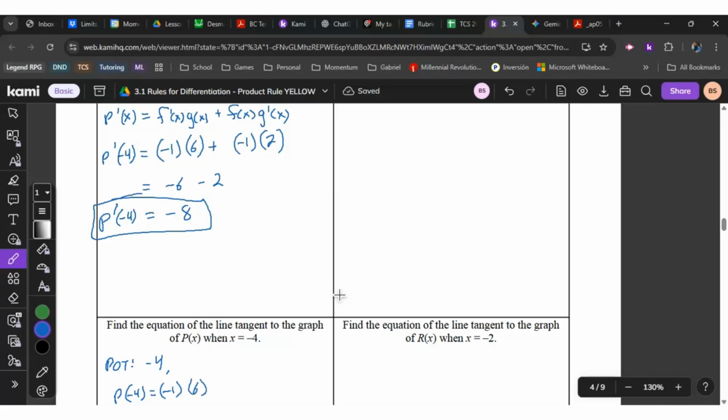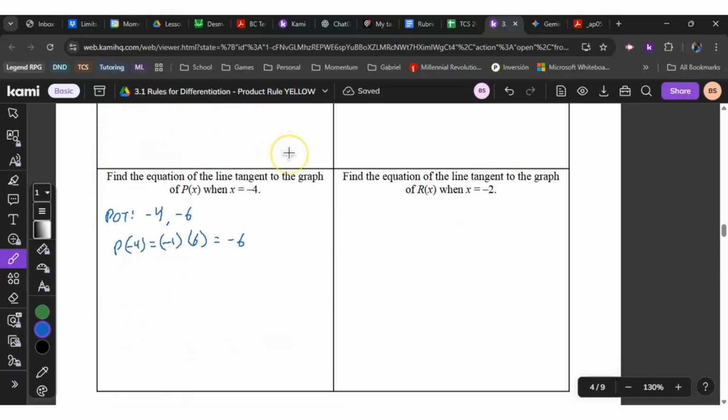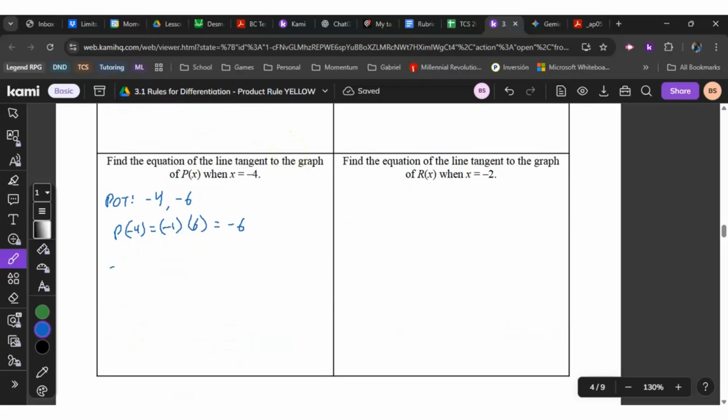And I'm just getting these from the previous one because we already did it. Which means here that my point's going to be -4, -6. Are you all with me on how I got that? Yes. Okay. Then I can find my slope, which we just did. We literally just did. What was it? -8. Good. So then we write out the equation. Y plus 6 equals -8 times x plus 4. Yeah, the point's a coordinate.